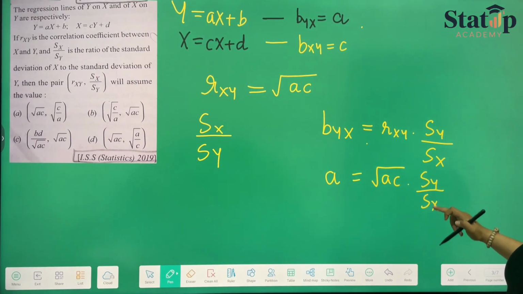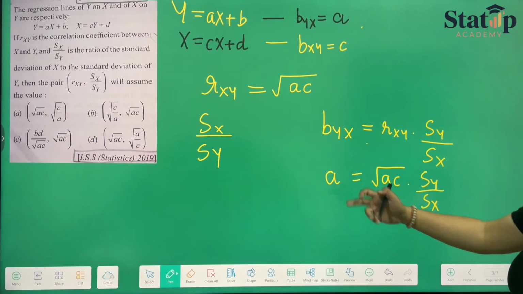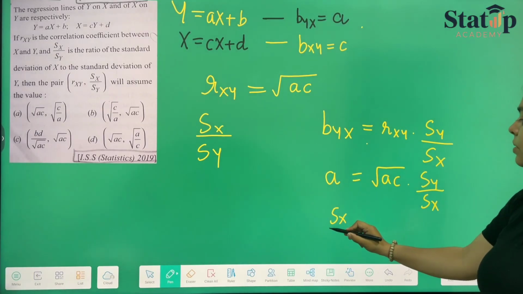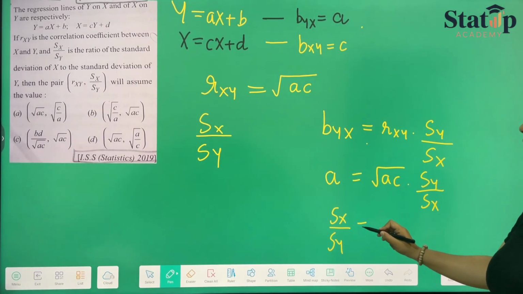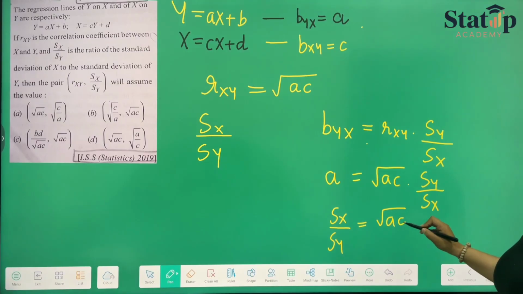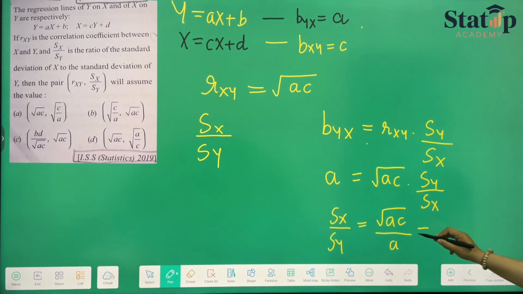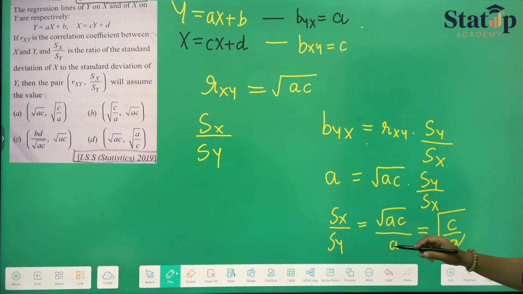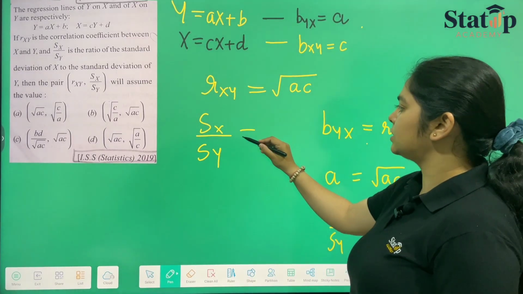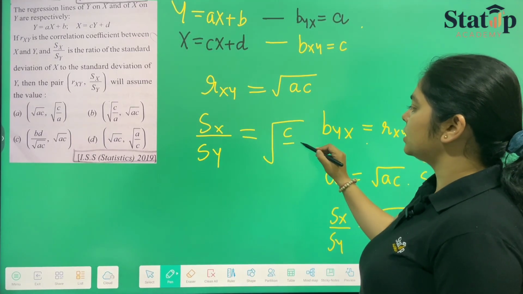Now if we take this whole term to the left hand side, it will become sx upon sy, which will be under root of ac upon a. Under root of ac upon a will give us root c upon a. So our sx upon sy is under root c upon a.